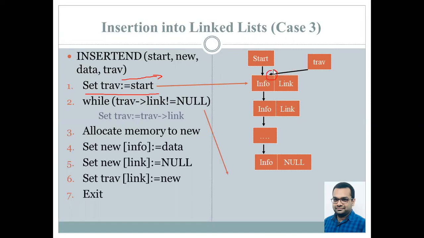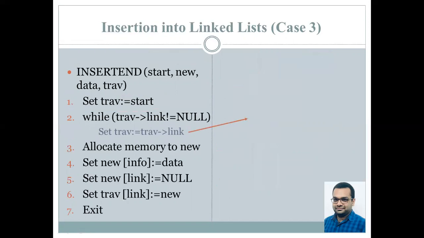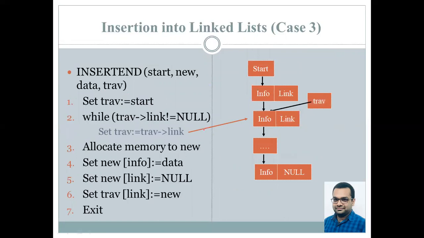Now we are going to perform the check. Yes, traversal's link is not null. So you can see there's a node ahead in the linked list and its link value is not null. Therefore, our program is going to make sure that the traversal increments and points to the next node in the linked list, by using the statement traversal equals traversal link.